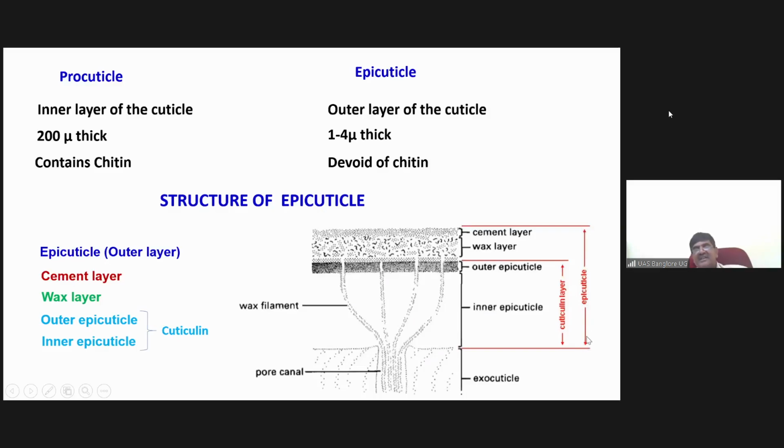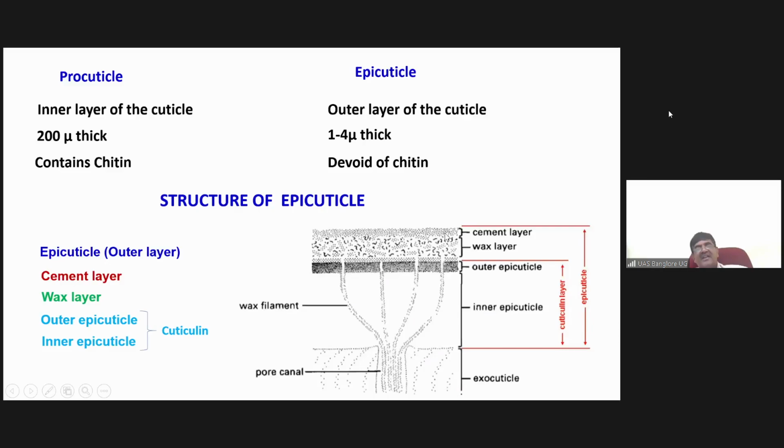So the epicuticle is made up of four layers. The outermost layer is the cement layer, followed by the wax layer, the outer epicuticular layer and the inner epicuticular layer. Now we'll study them one by one.